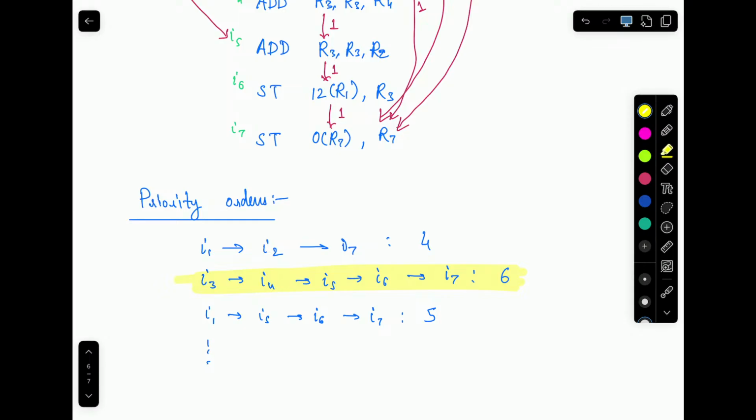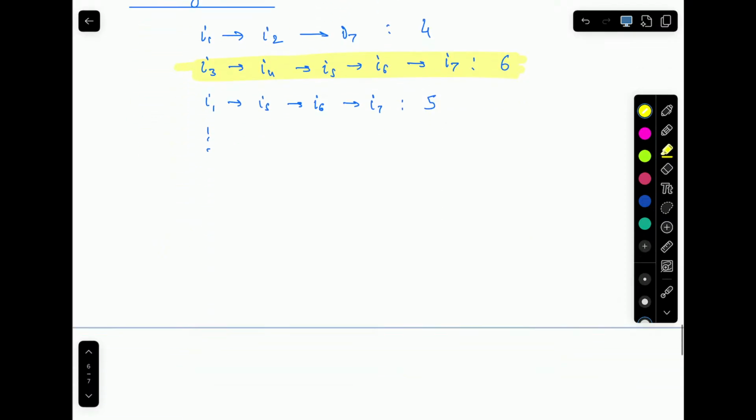The most critical path seems to be I3 to I7, since it's the longest in terms of the number of cycles required to execute all instructions in this path. So maybe I should give priority to instructions in this path. Okay, let's do that. So that's the heuristic that we pick here.